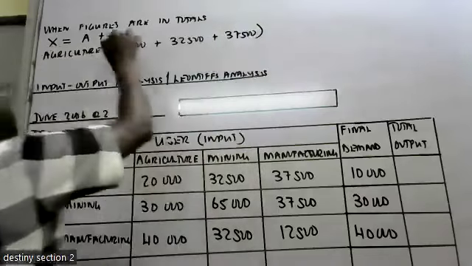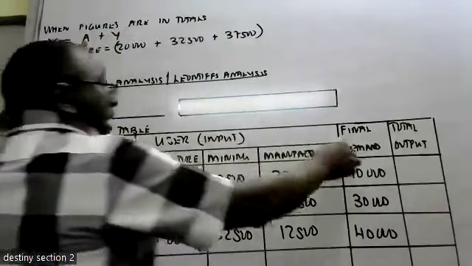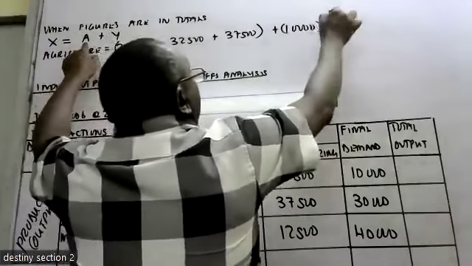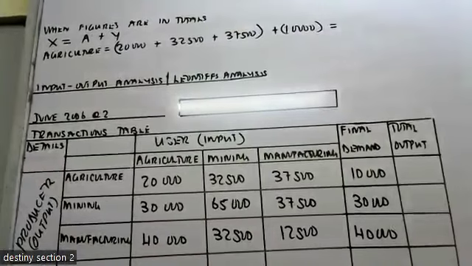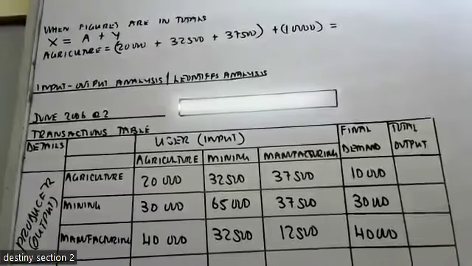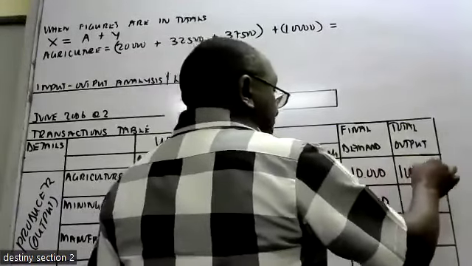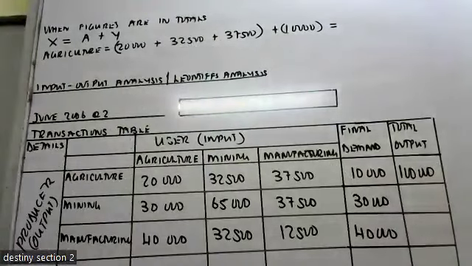These represent our A. Then you add this one, 10,000, which is our Y. When you quickly do that, 20 plus 2.5 plus 7.5 plus 10 is 100. So here you write 100,000.